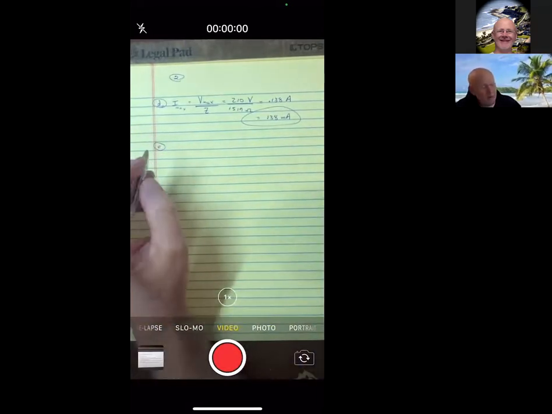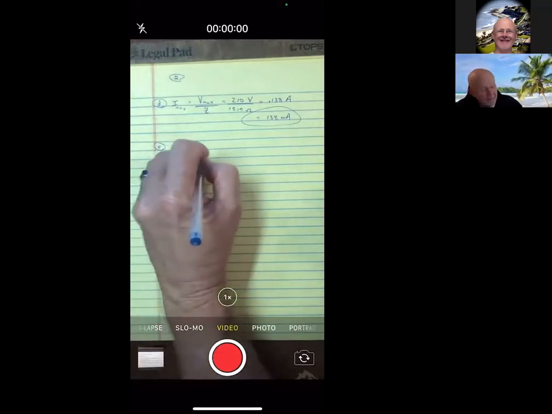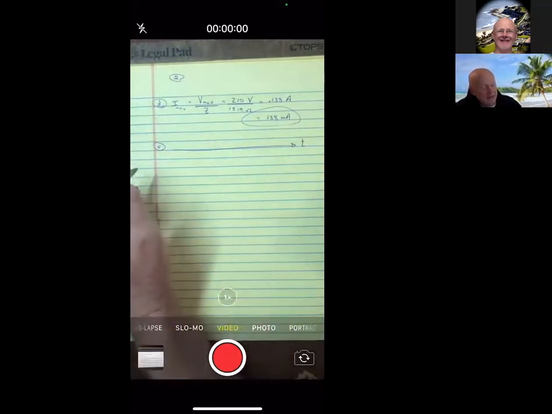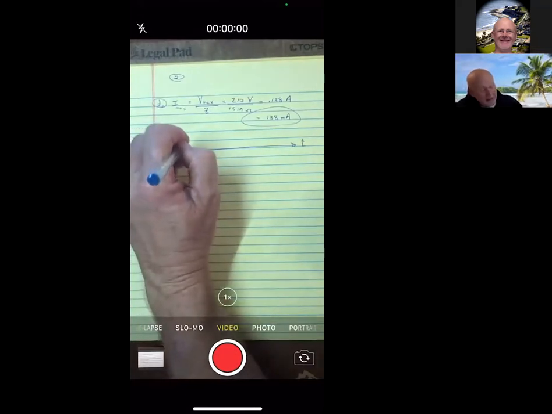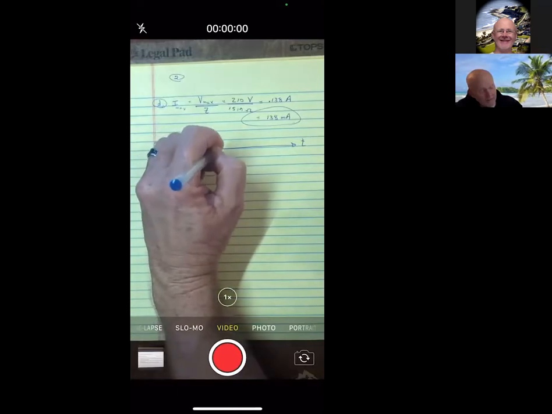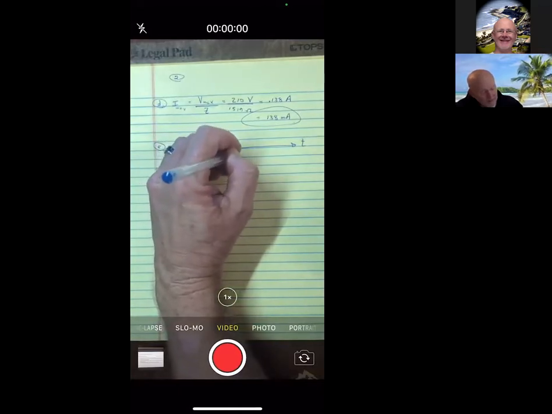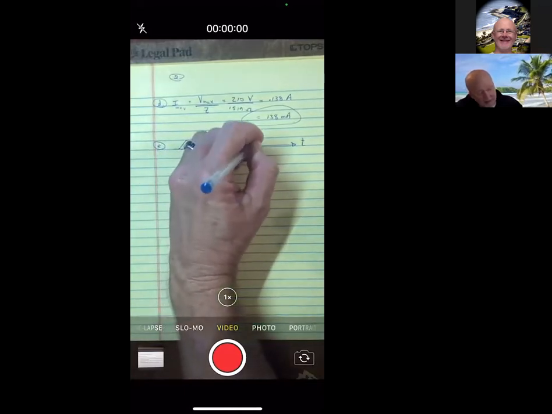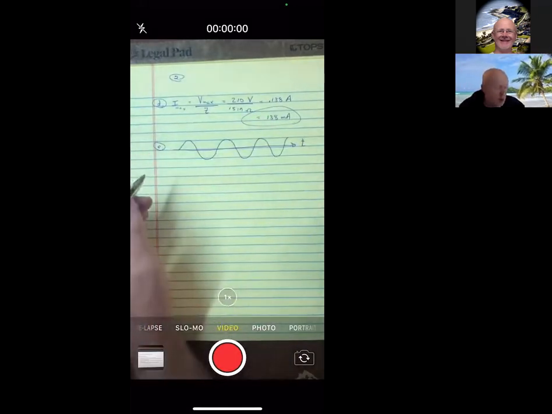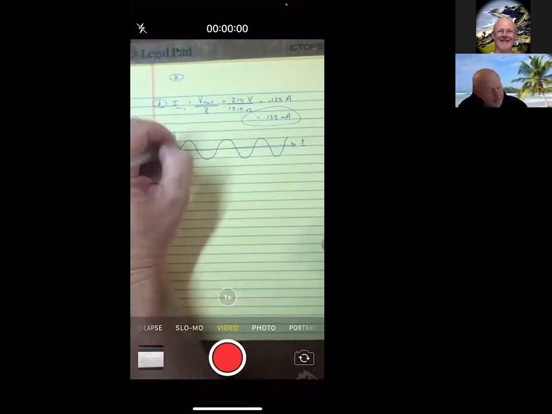So in other words, if I were to do a graph, I'll call this the time axis, and the current looks something like this. And I deliberately did not put a vertical axis just to say, well, I can put that anywhere I want. How about I put it right here?